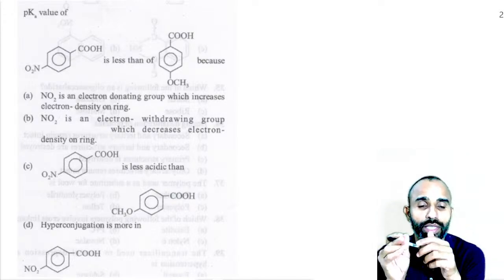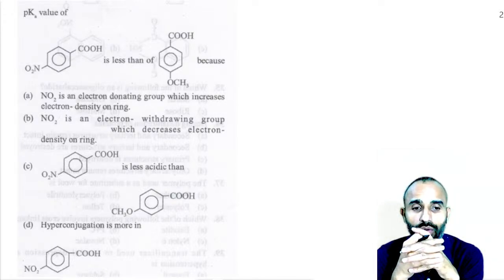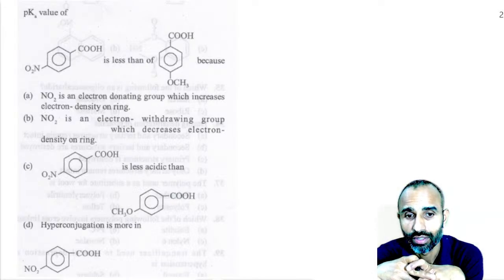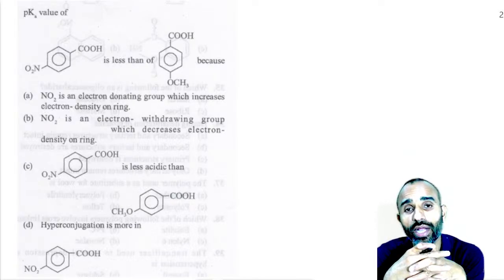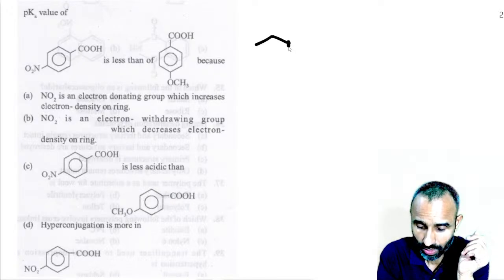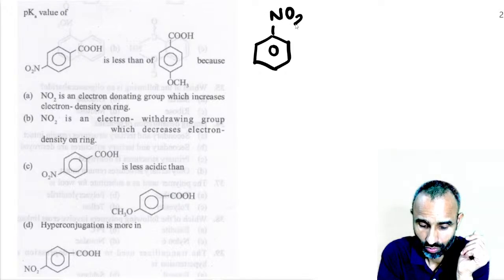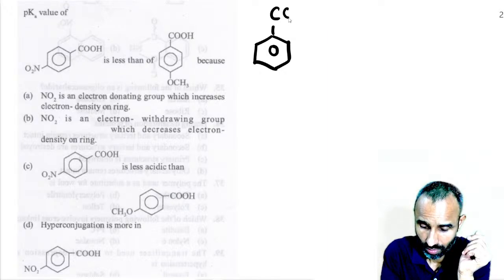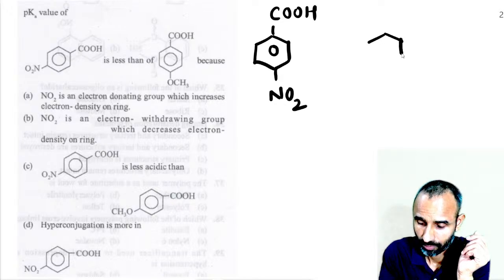Okay, the pKa value of para-nitrobenzoic acid is less than that of para-methoxy. Why? See, we have para-nitro and para-methoxy.